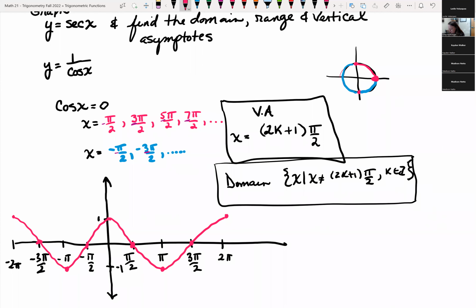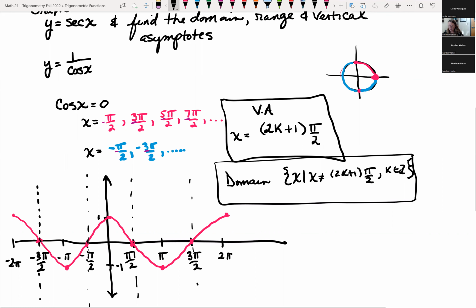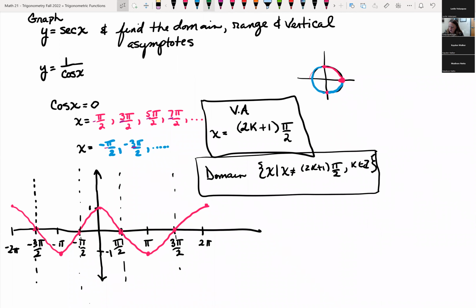So where the values hit the x-axis, those are where our vertical asymptotes are going to be for secant of x. Let's just put our dotted lines there. And same sort of reasoning. When we graph this reciprocal function, secant of x, from cosine of x, we're just going to find our maximum and minimums of our cosine of x function.